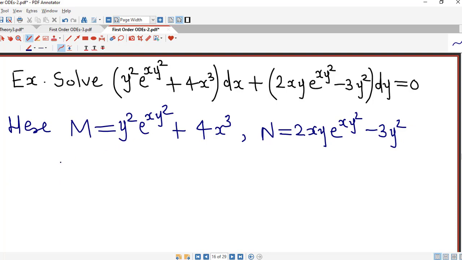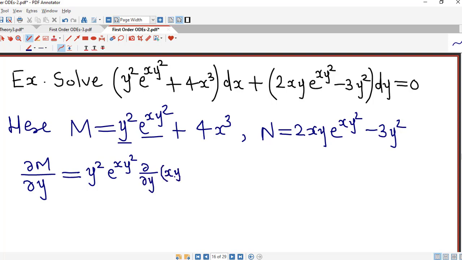We differentiate capital M with respect to y. Here we have two functions of y in the product, so we apply product rule. We keep y square as it is and differentiate e raised to xy square with respect to y. So we apply chain rule. Derivative of exponential function is exponential function, and in the product we have to find the derivative of xy square with respect to y, plus e raised to xy square as it is, times derivative of y square.